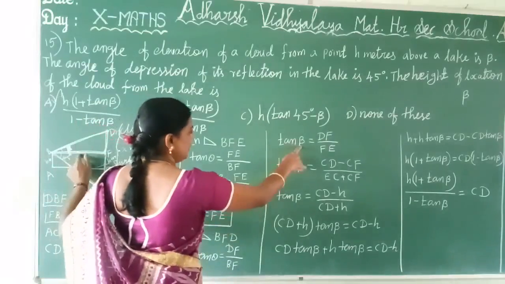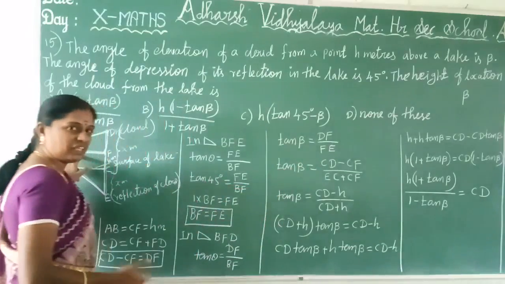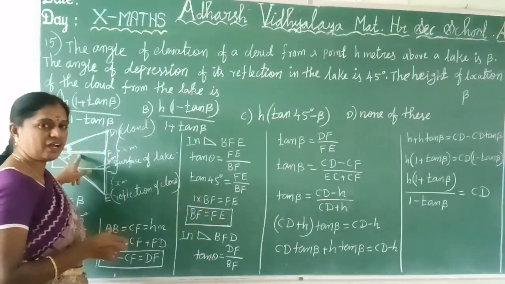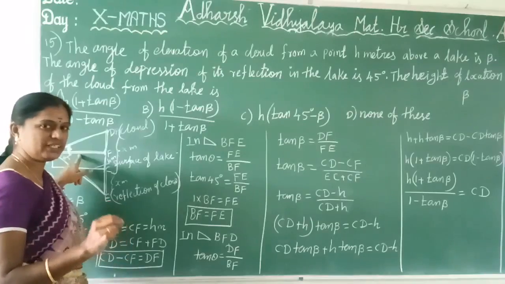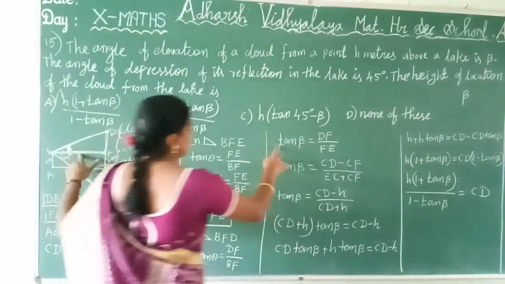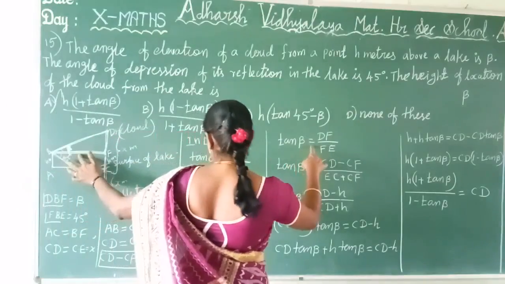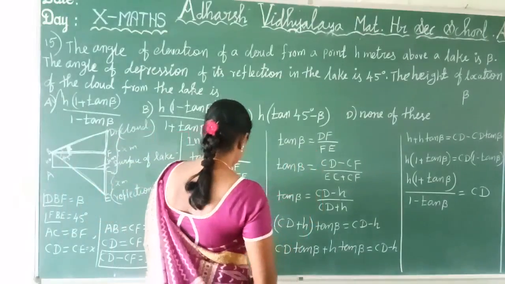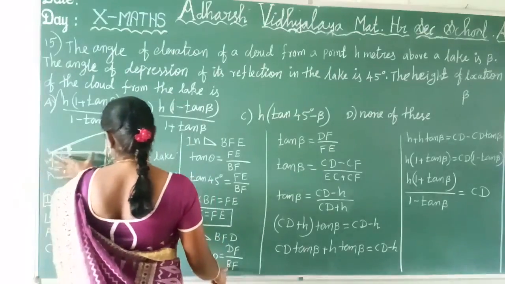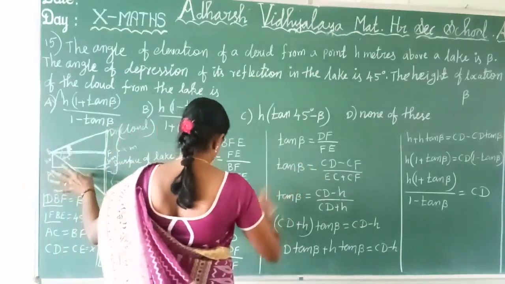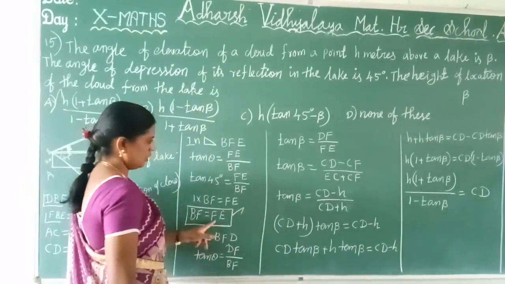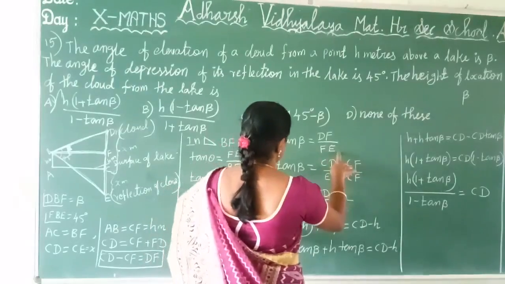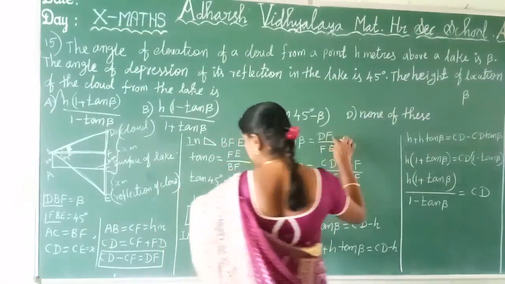Here the angle is beta, not given as theta, so you substitute beta in place of theta. So tan beta is equal to DF by BF. And BF is equal to FE, so substitute FE.